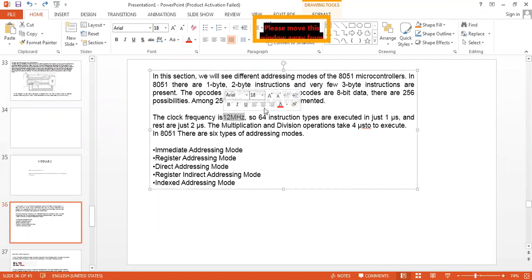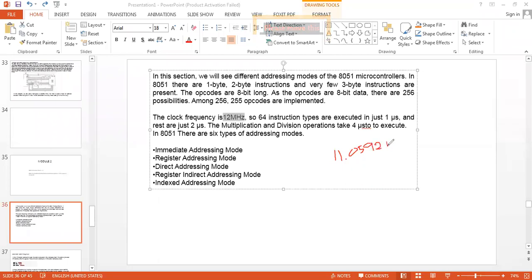So exactly what is the frequency is 11.0592 megahertz. This is the actual frequency, but overall we consider it as 12 megahertz. While telling, we call it 12 megahertz. 8051 is going to work upon 12 megahertz.